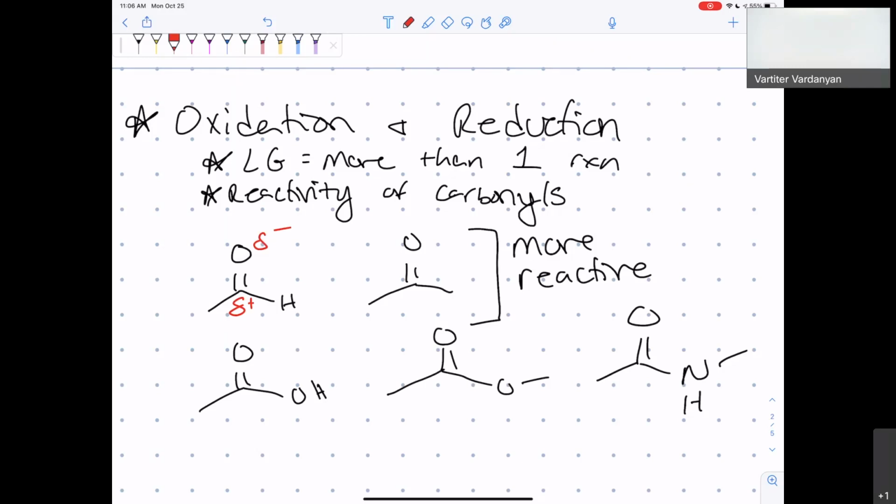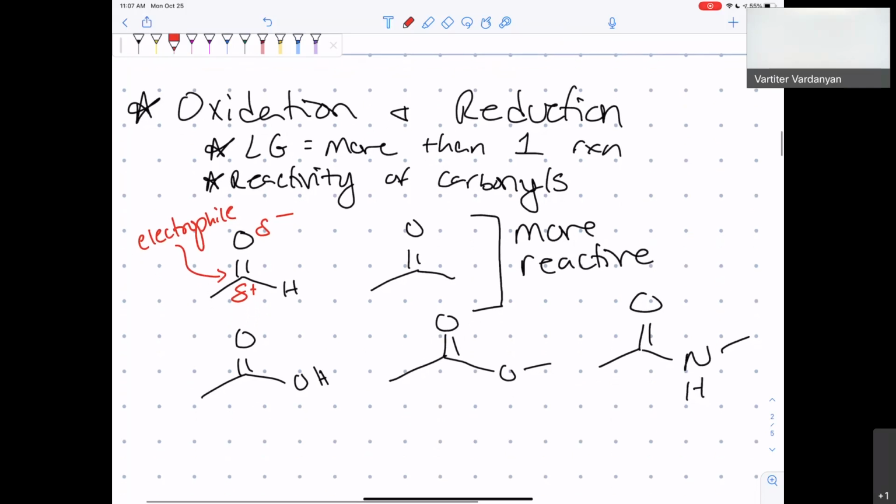In all of these reactions, this carbonyl carbon is going to act like a what? Electrophile, cool. So we want the one that has the most delta plus carbonyl carbon because we want it to be a strong electrophile.